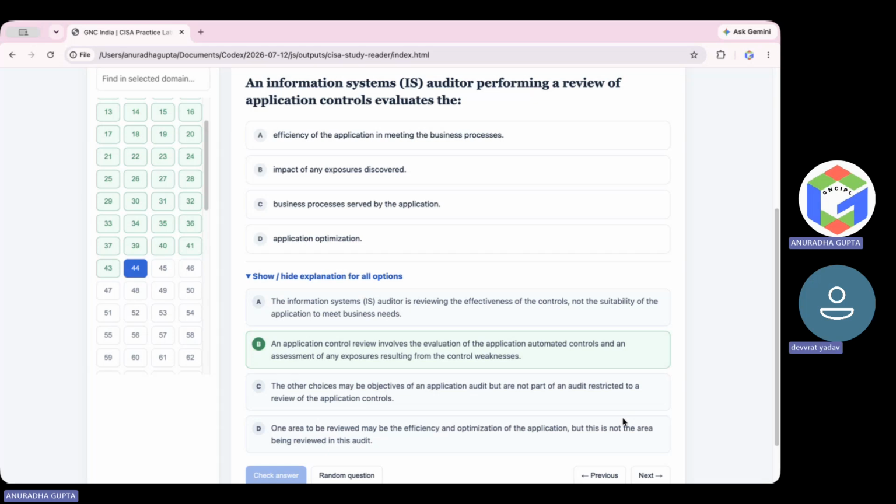So here the auditor will basically check the effectiveness of the control, but it is not suitable to check whether they are able to achieve the business goal or not. The auditor cannot measure that through a single application, right?